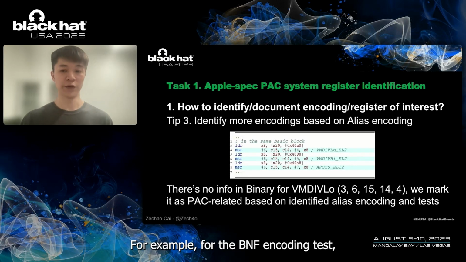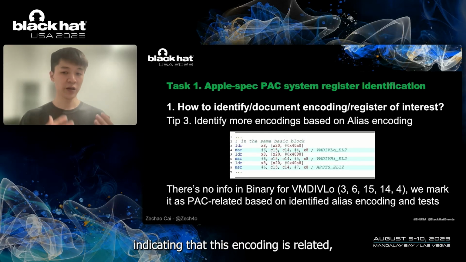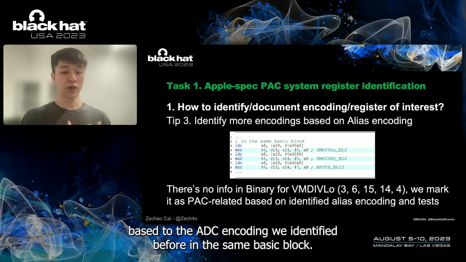For example, for the VMDIF encoding, there's no information in the binary indicating that this encoding is PAC related, but we mark it as PAC related because it's initialized with the alias encoding we identified before in the same basic block.